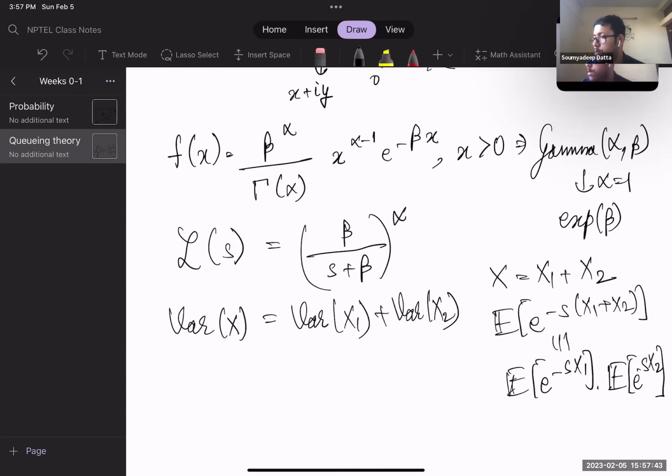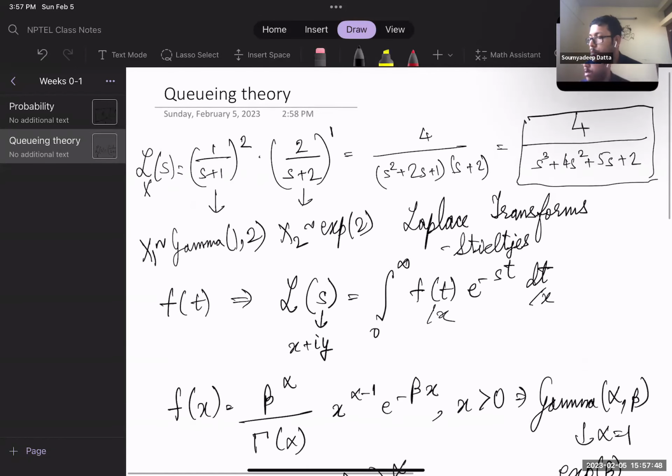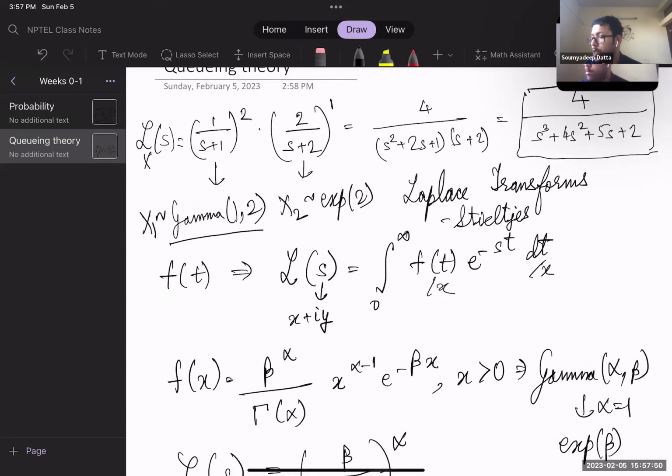And x1 is again a gamma random variable with these parameters alpha, beta, which are 1 and 2. These things are pretty much available online; you can always look up the formula. For a gamma random variable, the variance is alpha by beta square.